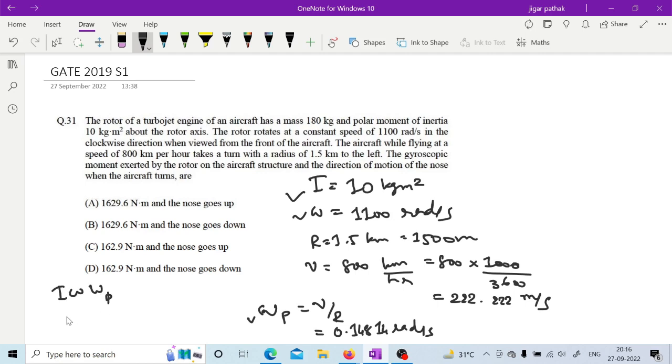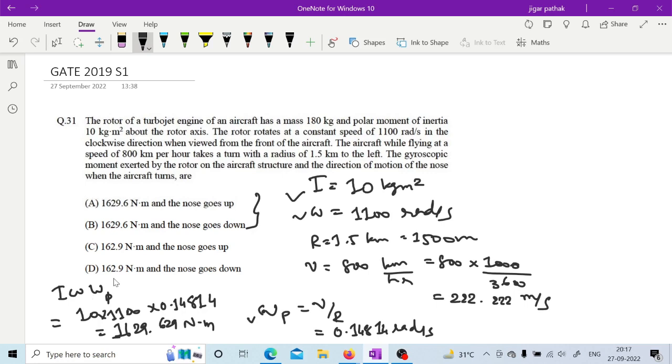When you put all these values, your gyroscopic couple will be 1629.629 Newton meter, correct? So it will be one of these two.